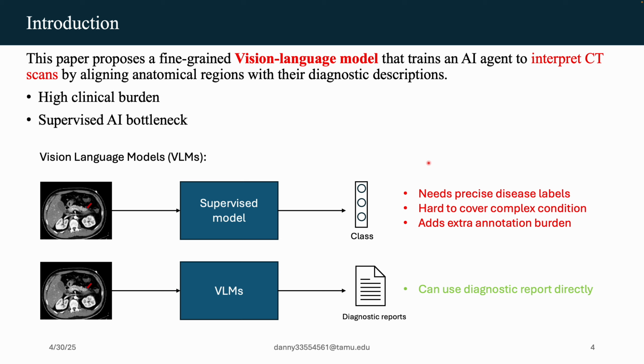And it's important also because of the supervised artificial intelligence bottleneck. So what bottleneck?